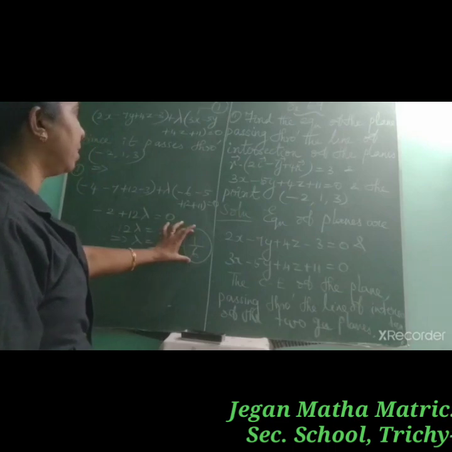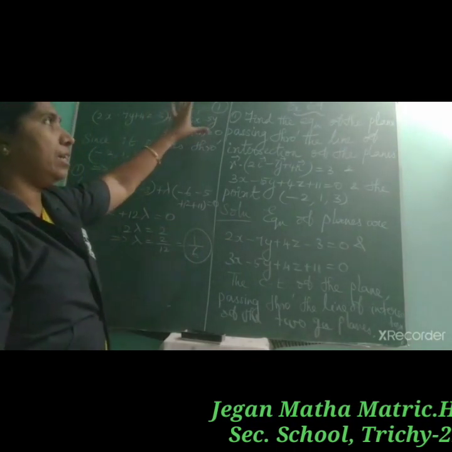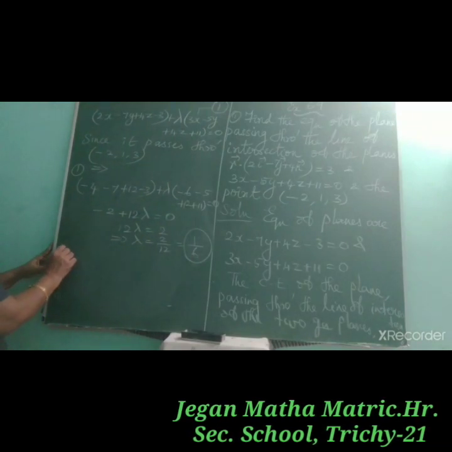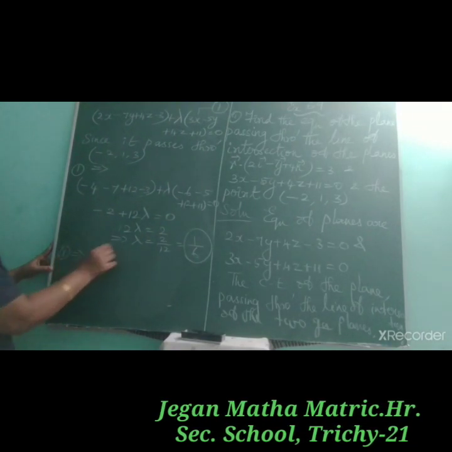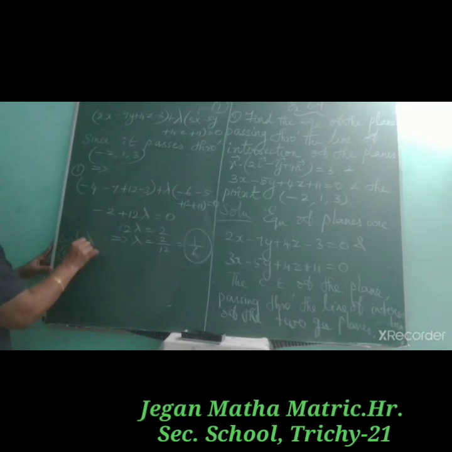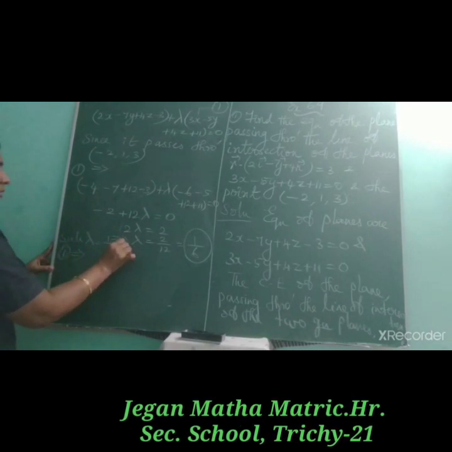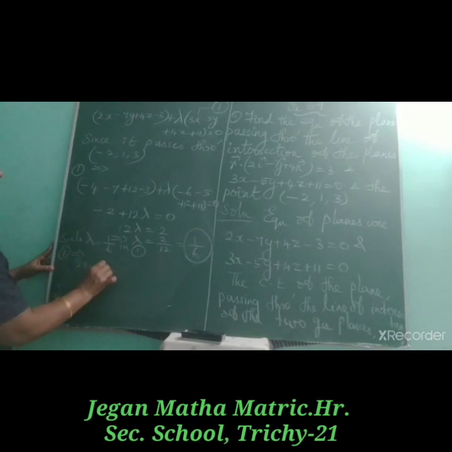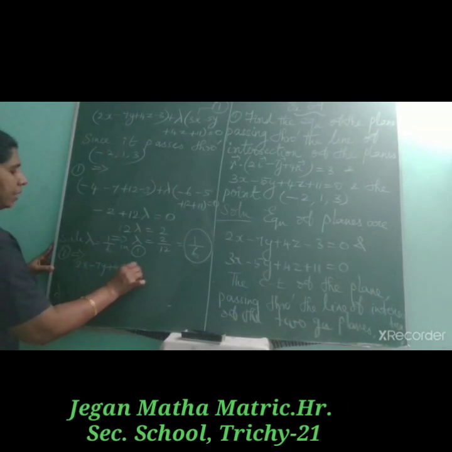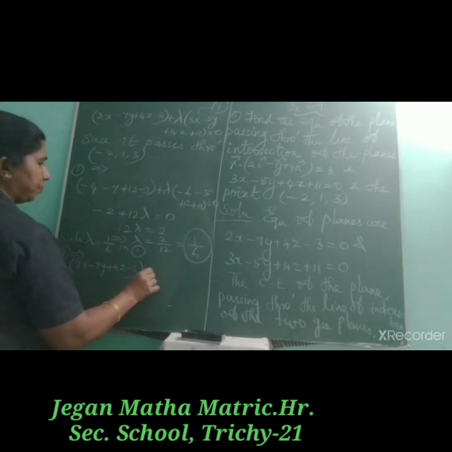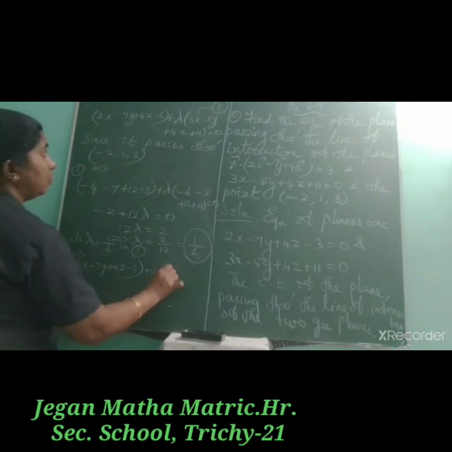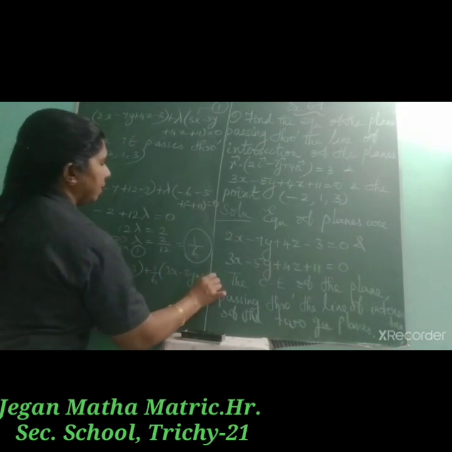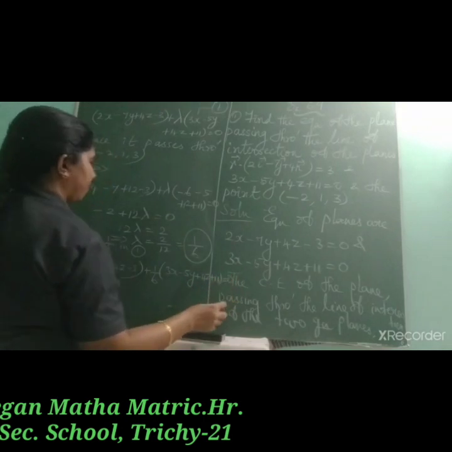Now if we replace this lambda value, we will get the required Cartesian equation. Substitute lambda equal to 1 by 6 in equation 1: 2x minus 7y plus 4z minus 3, plus 1 by 6 into 3x minus 5y plus 4z plus 11, equal to 0.